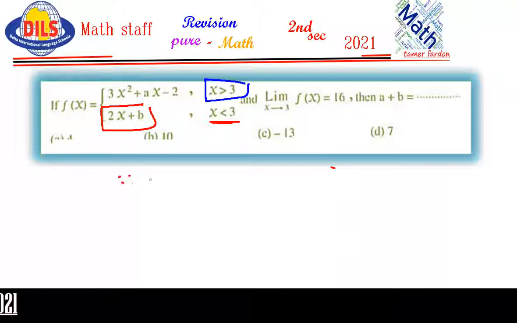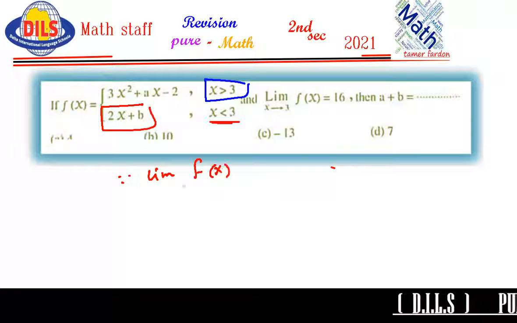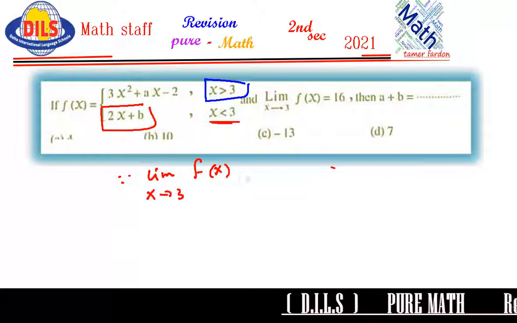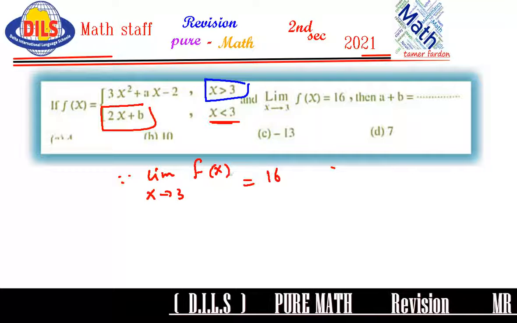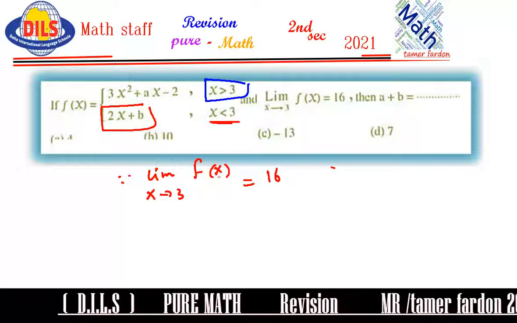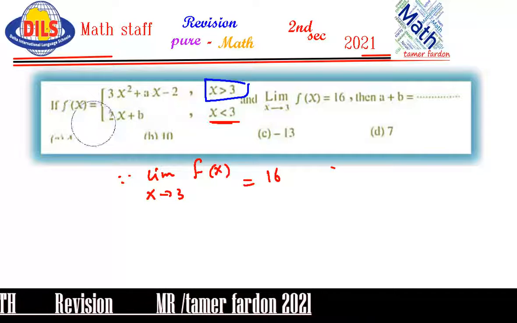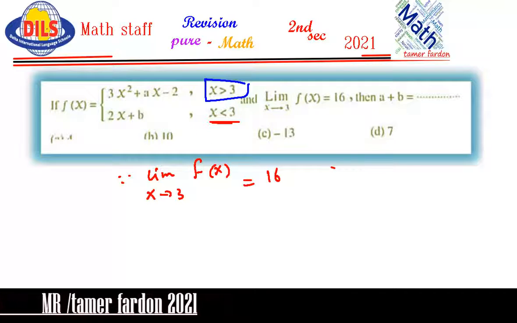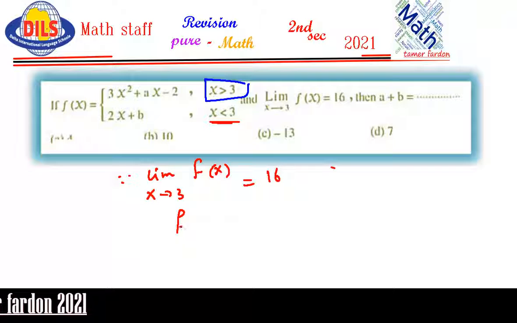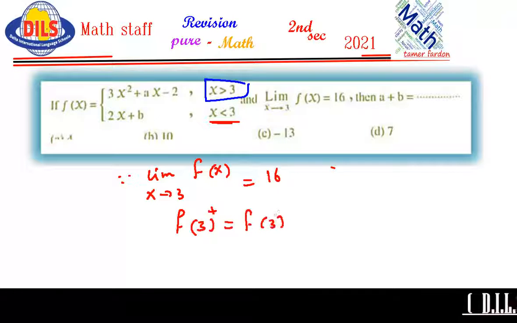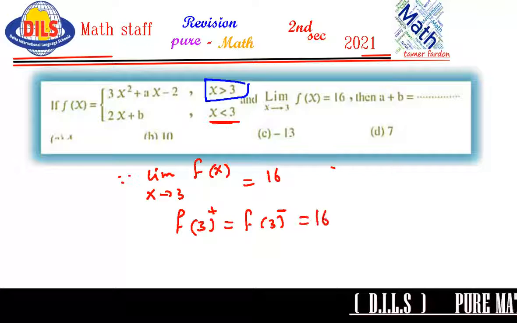Since the limit of f of x when x tends to 3 equals 16, and f is a piecewise function, f of 3 positive equals f of 3 negative equals 16.